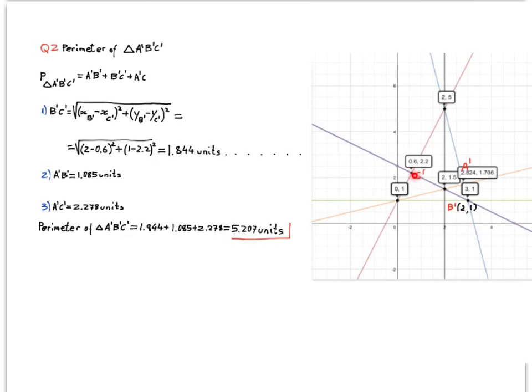I chose this one because it has easier coordinates to work with.